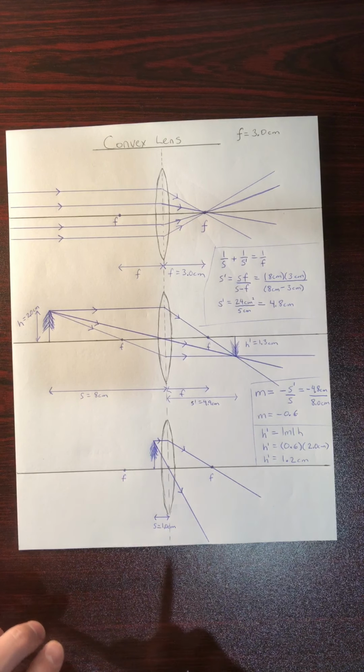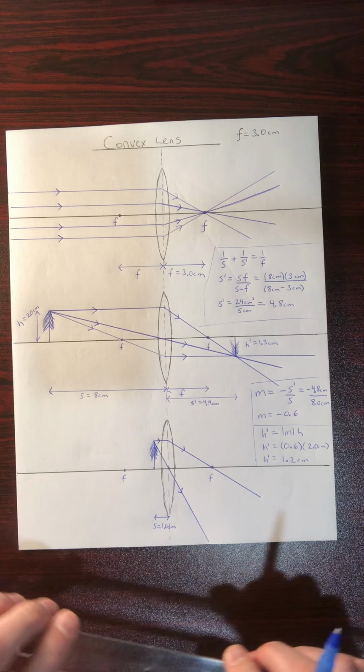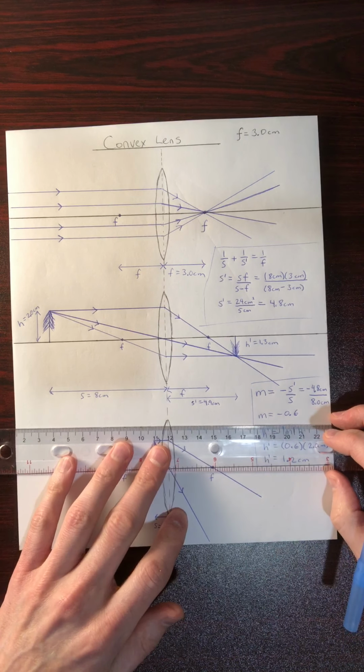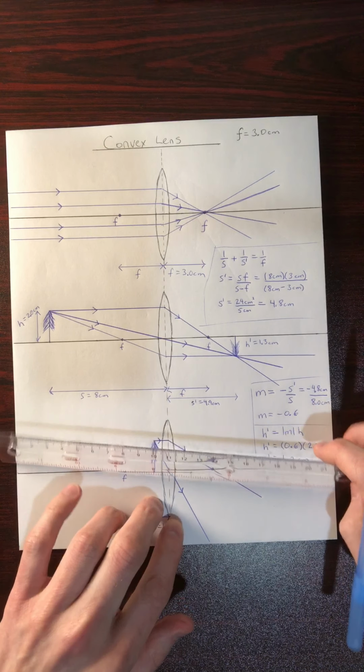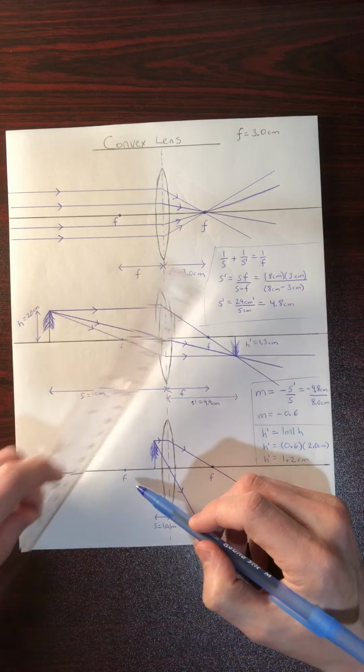And we have one more line that we could draw, but it's a little bit tricky, and that is we could, again, thinking about ray reversibility, where would the ray be if it's going to go from the top of the object, but through this focal point?